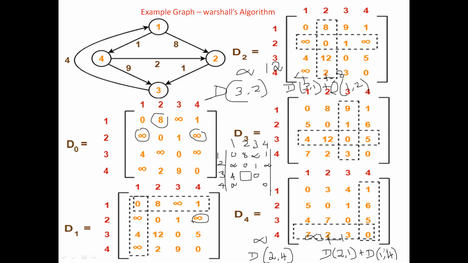Which is minimum? 12 is minimum. So I'll update the value here in the square box. It is 12. Like that, we have to fill all the remaining empty cells in the matrix: 3 comma 4, 4 comma 2 and 4 comma 3. Then I'll complete the D1.